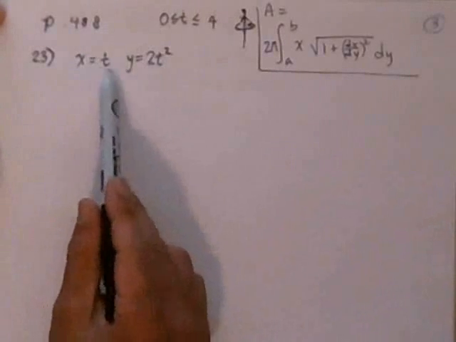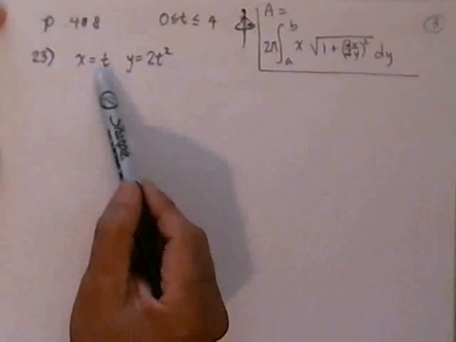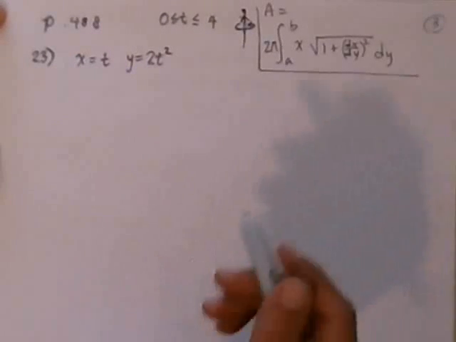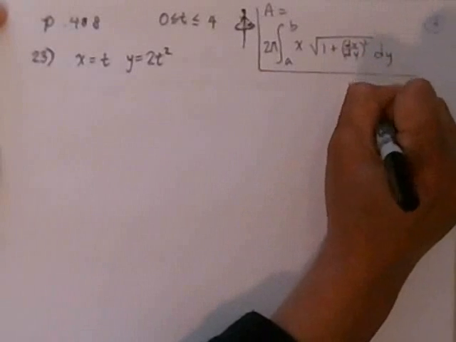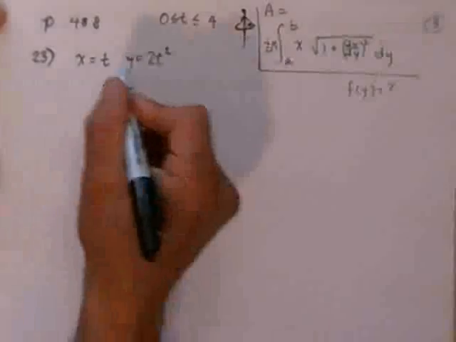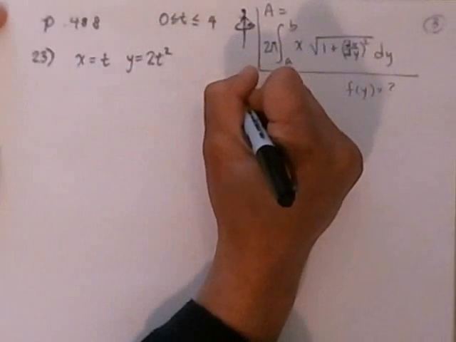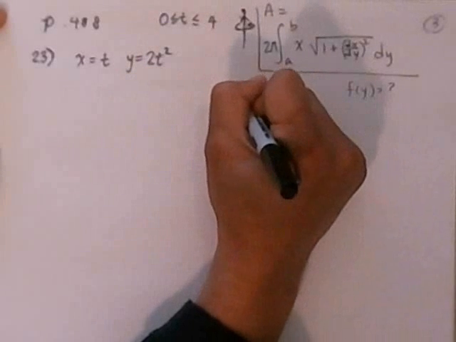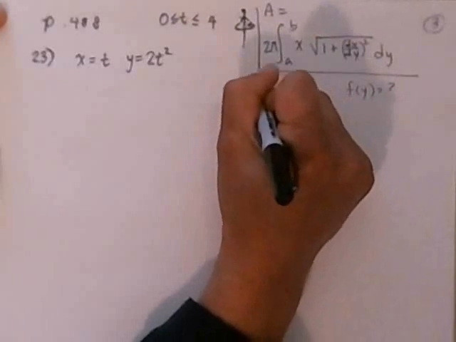Since I have parameters, I can eliminate one of the parameters. The independent variable at this time is t. The dependent variables are x and y. So dx/dy is a function of y this time. That's what I'm looking for. So in this situation, solving for t right here, t is equal to y over 2 and the square root of that.